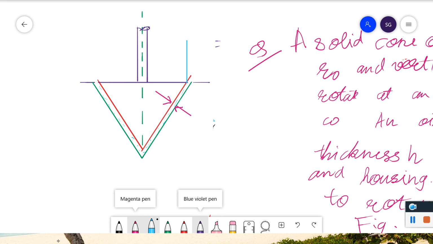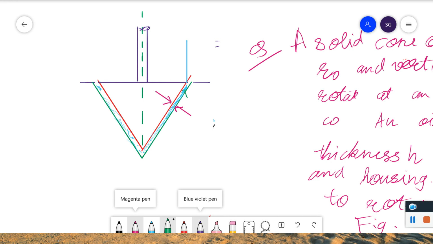Here the liquid is filled. This blue portion which you're seeing is the liquid, and this liquid is nothing but oil.